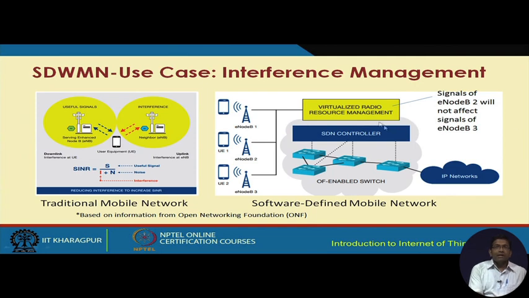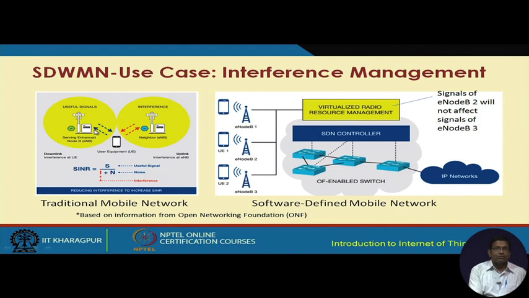In a traditional mobile network, when a mobile equipment operates, it connects with a base station or an access point for regular data, exchanging data back and forth between it and that access point, and this particular access point serves this particular user equipment.